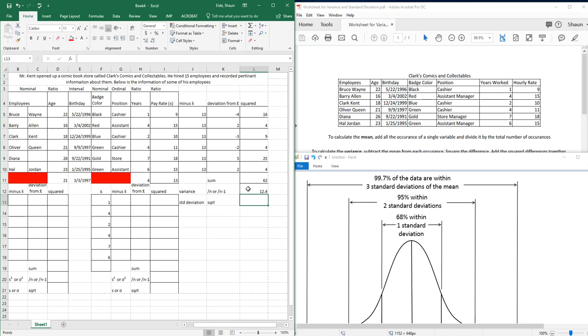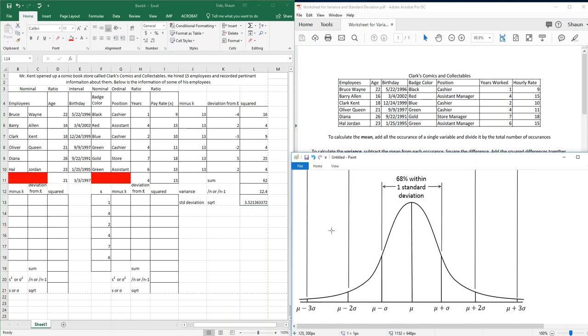You don't have to do anything else, whether it's for population or for the sample, because the variance accounts for the population and the sample. All that you've got to do is take the square root of the variance. So equals square root. Okay, so 3.52.